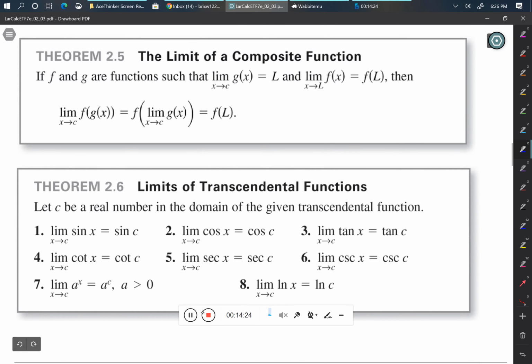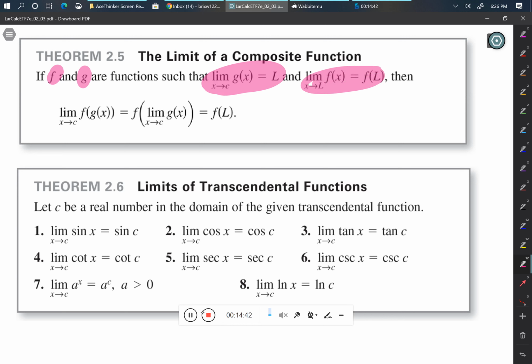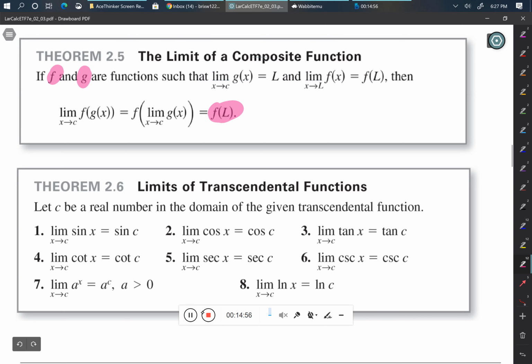How about composition? Well, if you have two functions, their names are f and g, and they are functions such that the limit of g is known, now stay with me here because this one gets a little bit complicated, and the limit of f is known, then the limit of f of g of x as x approaches c is f of the limit of g of x as x approaches c, which is f of L. Did you catch the connection between these two?